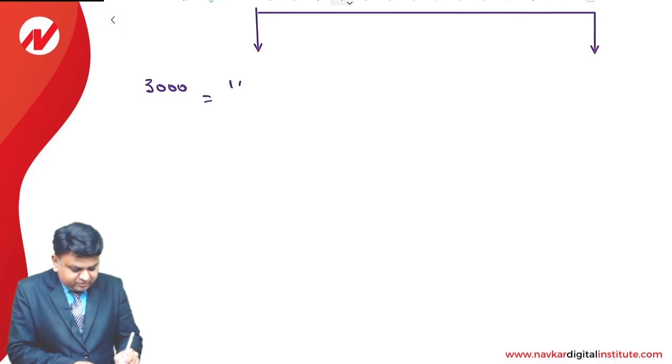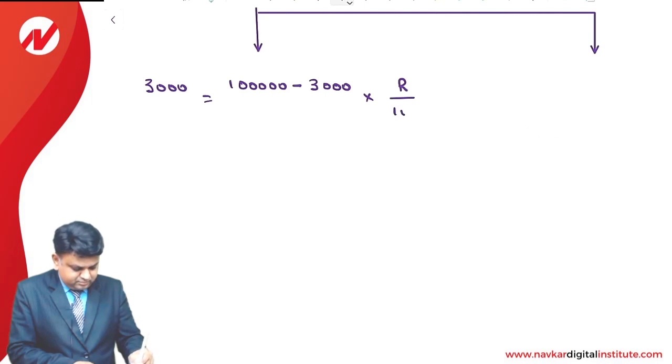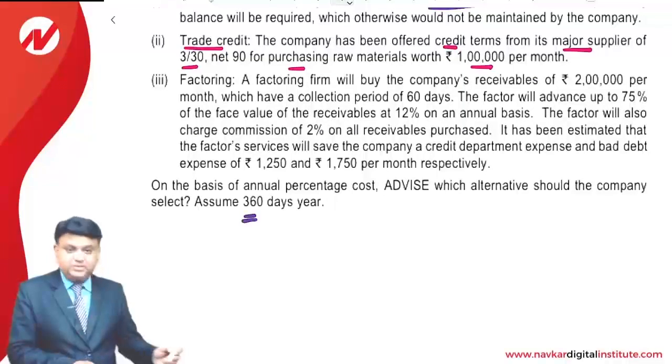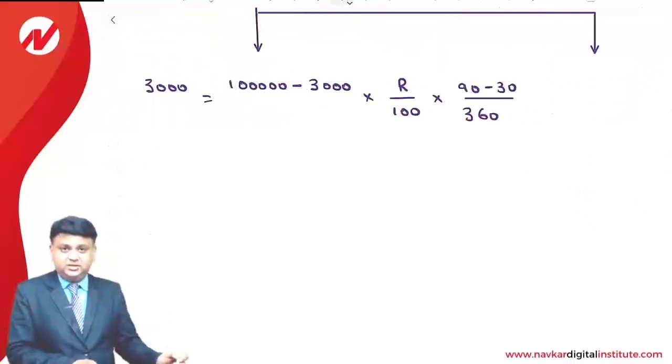The principal amount will be 1 lakh minus 3,000. R is required to be found as balancing figure, and the time period is 90 minus 30 divided by 360 days. Because the question is specifically providing that you are required to take 360 days in a year.